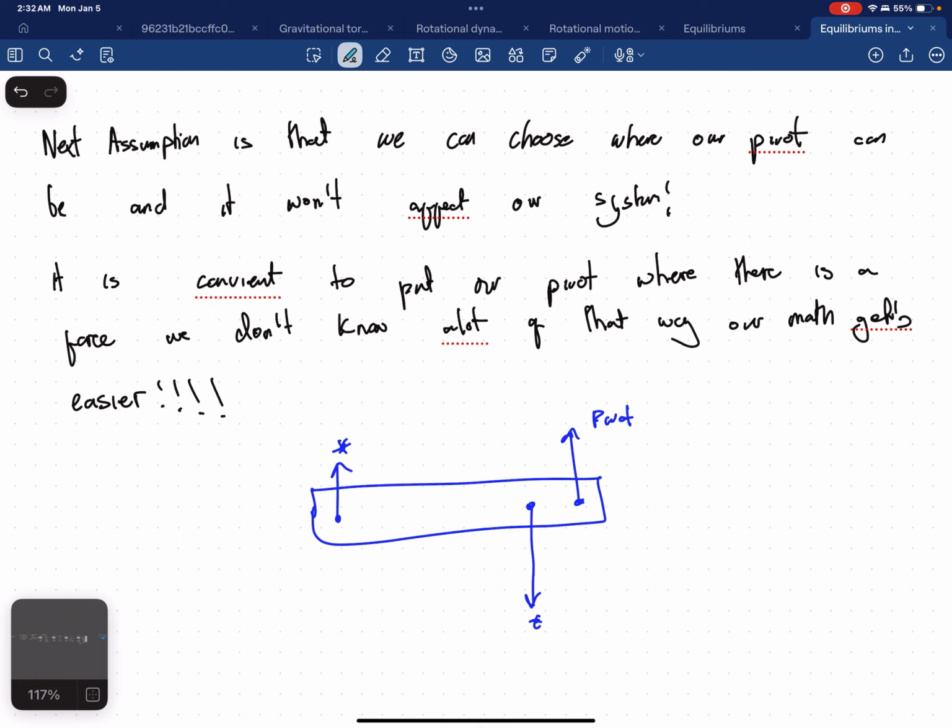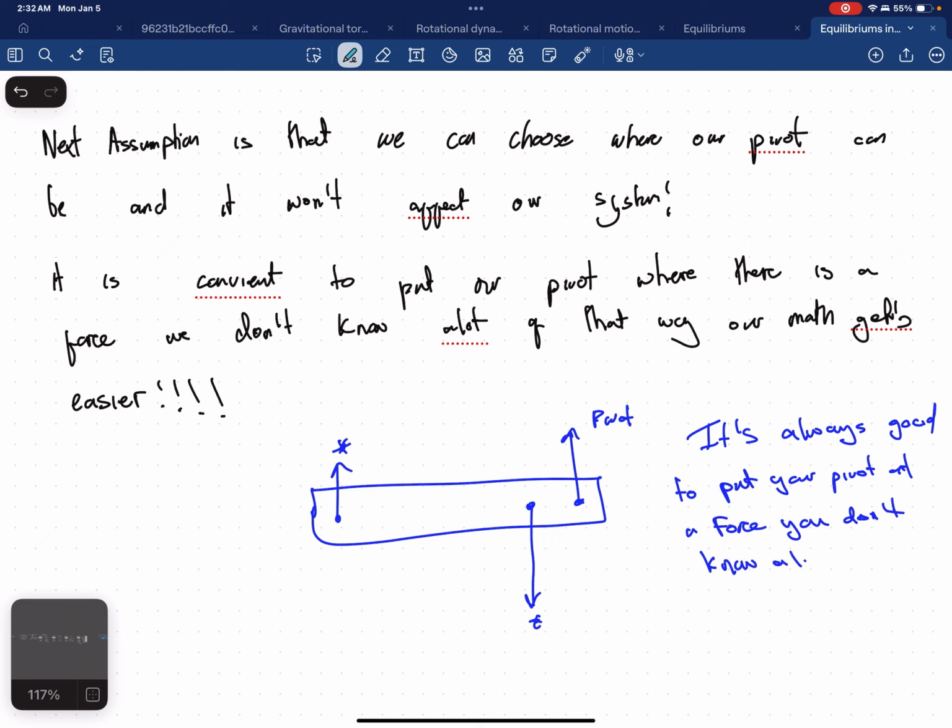So it's ideal, it's always good to put your pivot at a force you don't know a lot about, or just at a force that you're not sure how to go about.